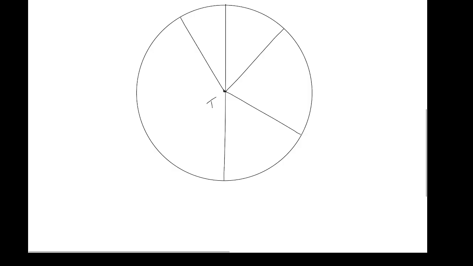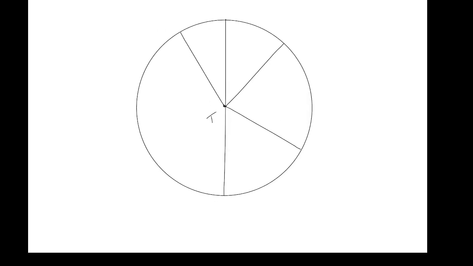All right, so I've got circle T, and I've got all these other radii that are coming out. These are Q, R, S. Oops, we already have T. U, and V.